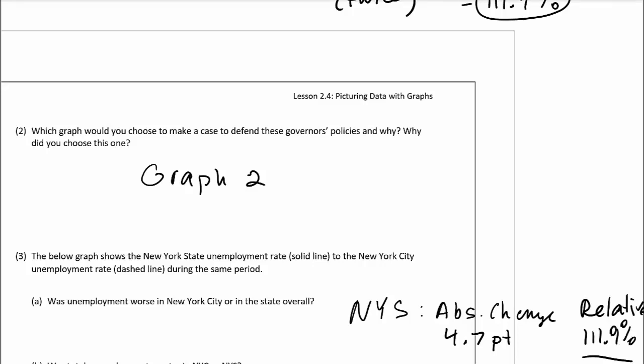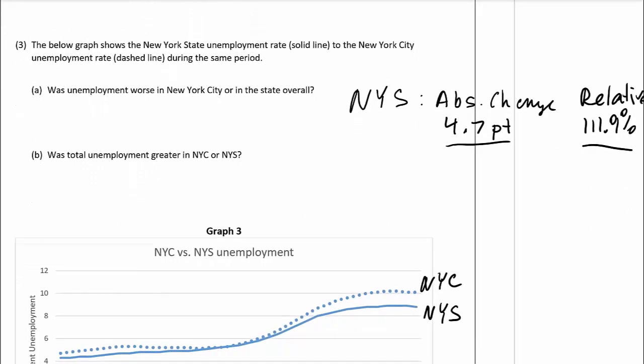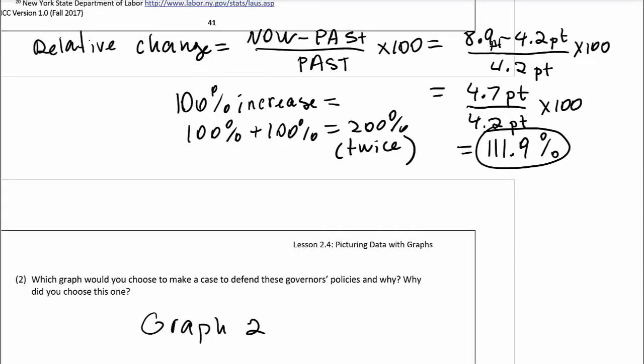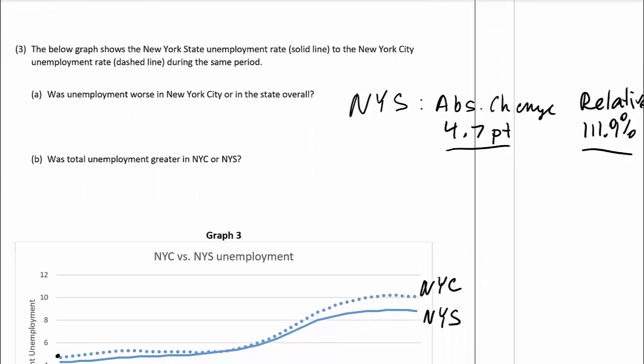That was for the whole state. If we look for the city, the city is going to be the dashed line. So the city went from maybe 4.5, a little higher than New York State. For New York State, I think we used 4.2, right? So for New York City, it was a little higher to begin with, so maybe 4.5.